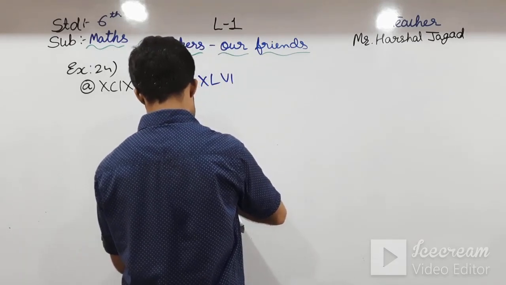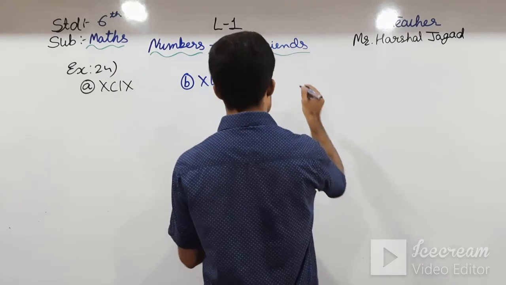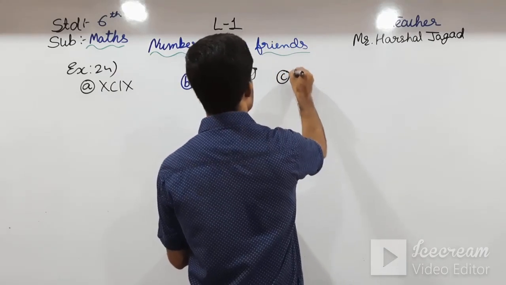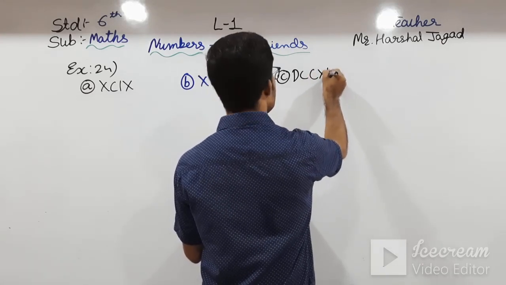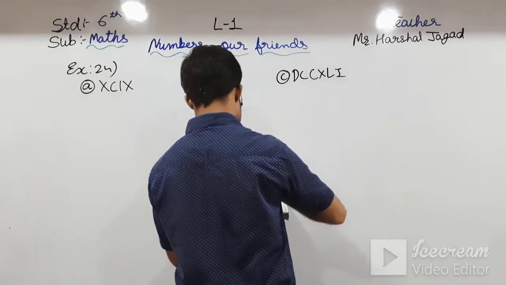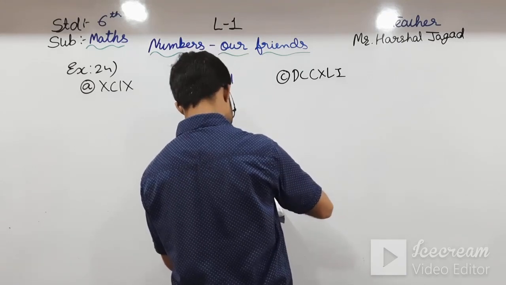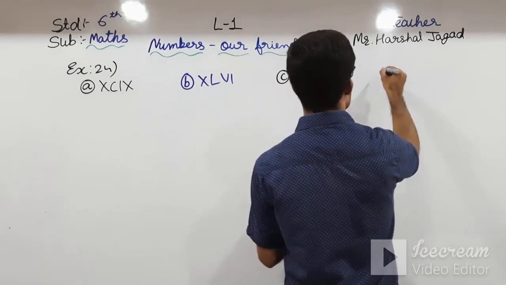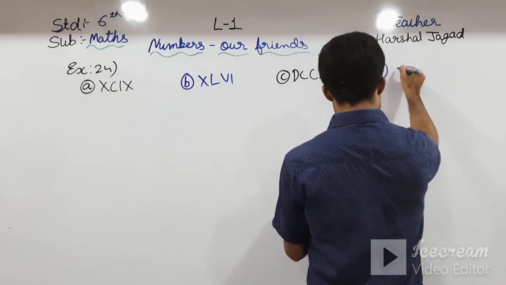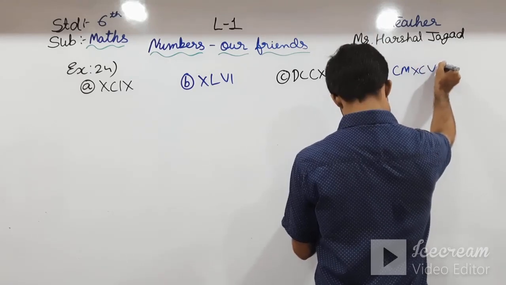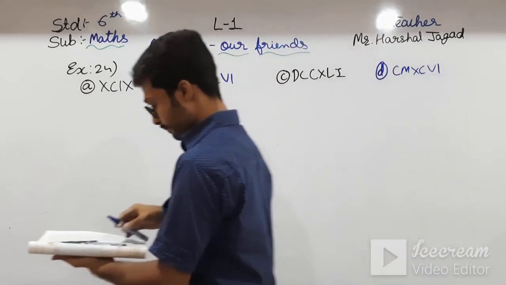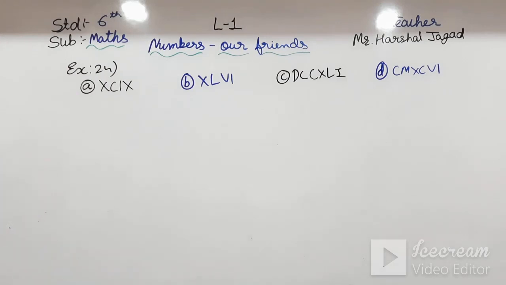C is DCCXLI, and the last, D, is CMXCVI. So these are the 4 sums in example number 24.